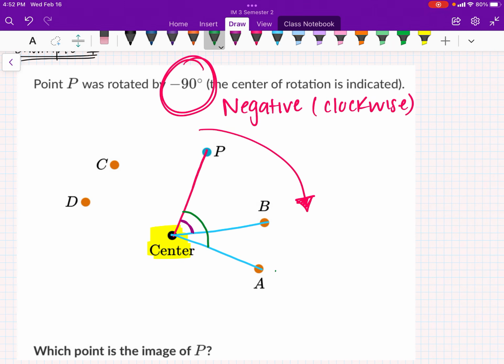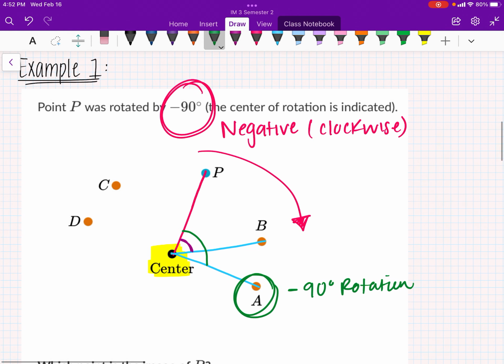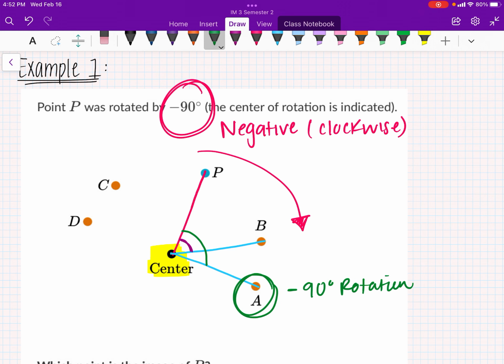And the greater angle would be A, so this one would represent our negative 90-degree rotation. Now, we could use a protractor in this case, guys, but we don't really have one in hand. If you do have one and you want to use it, go ahead. But most of this is based on what you're seeing, so it's more visual rather than playing around with the protractor here.